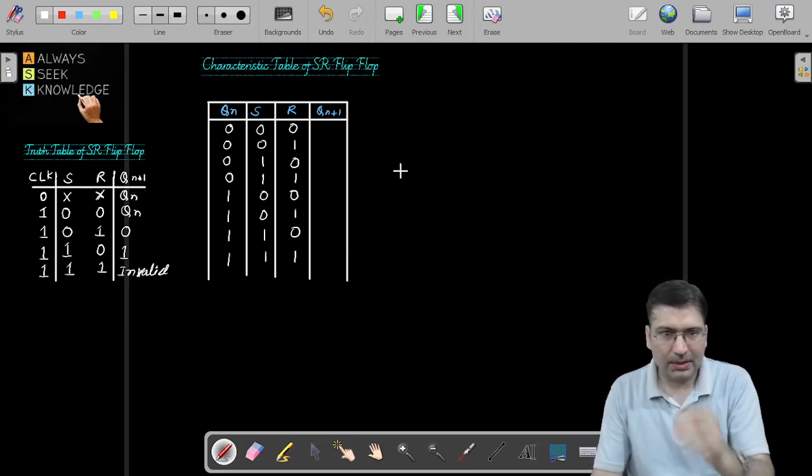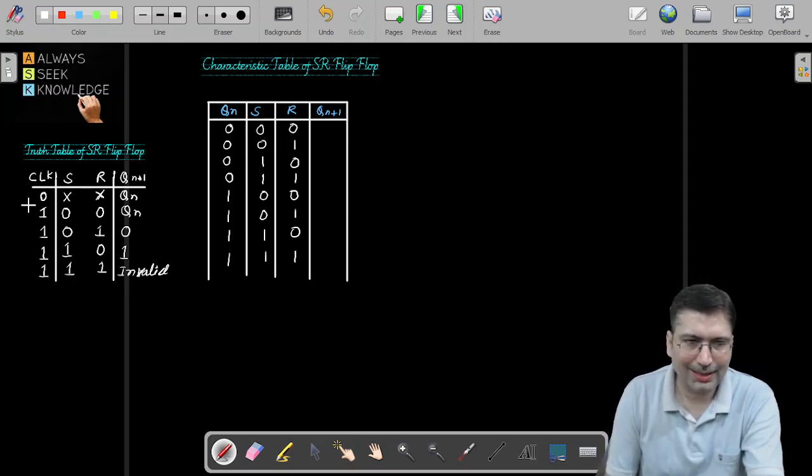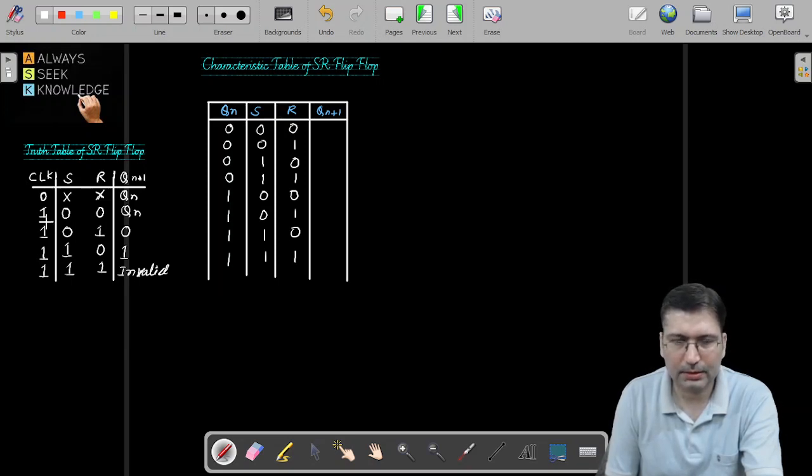Now the very first combination, when Qn is 0 and S and R are 0 0. When S and R both are 0, the clock we are already considering as 1, it is high in all these 8 combinations. So 0 0 is working as the memory element because it is giving only Qn.